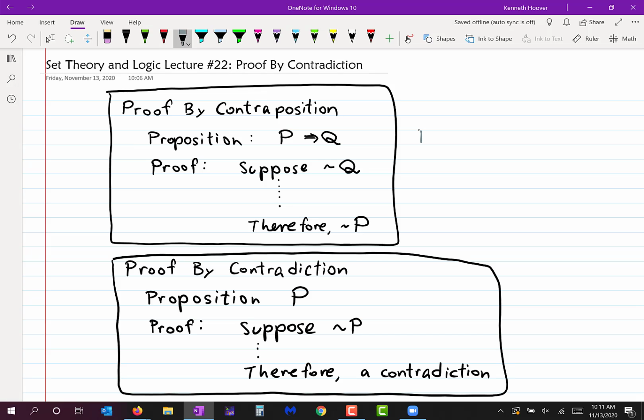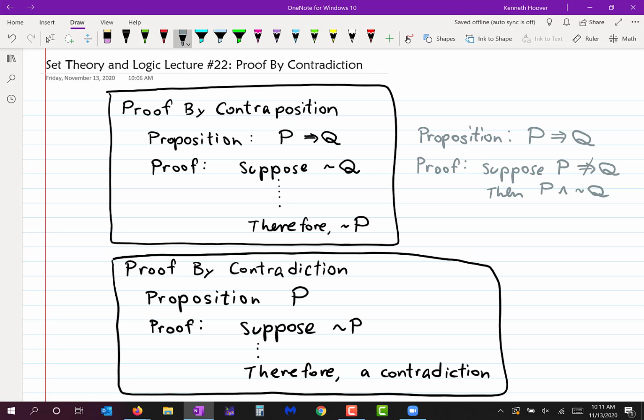If you had a proposition which was P implies Q, if you started off by saying, suppose P does not imply Q, then what does that mean? That means you have P and not Q, right?